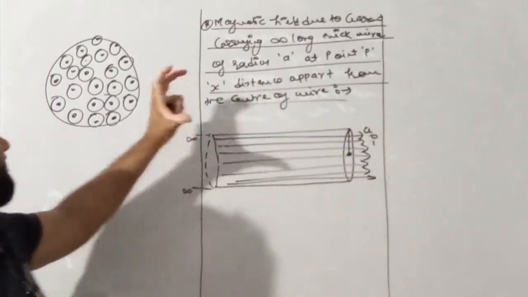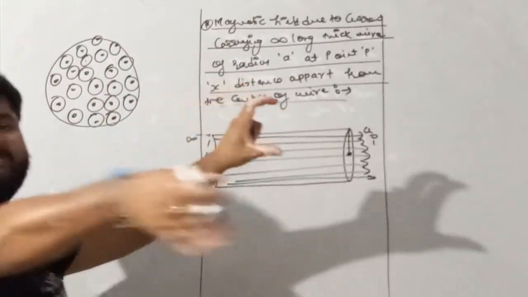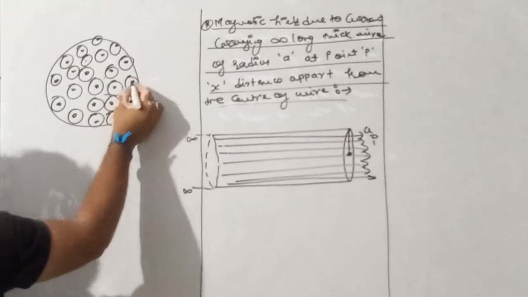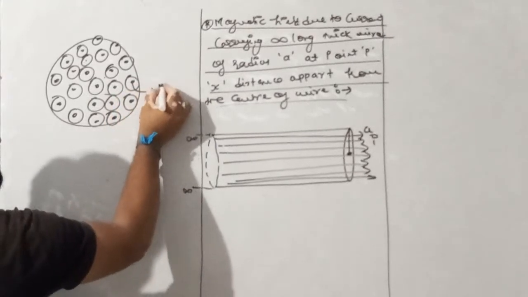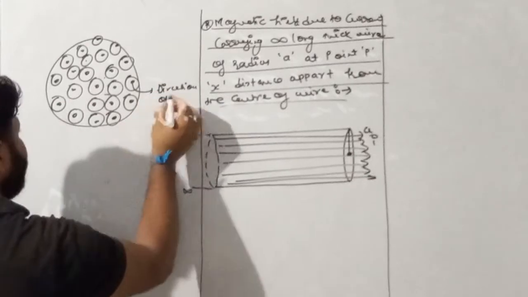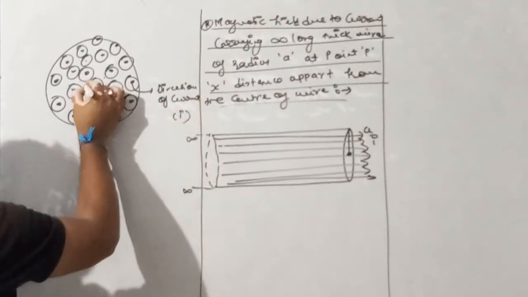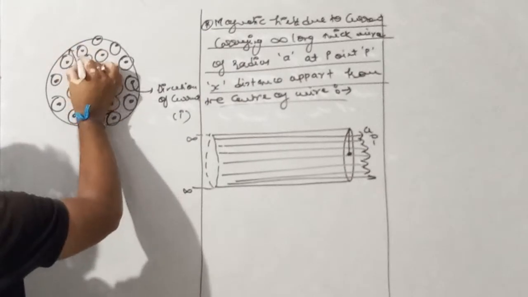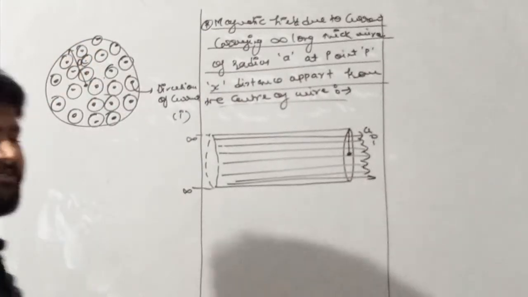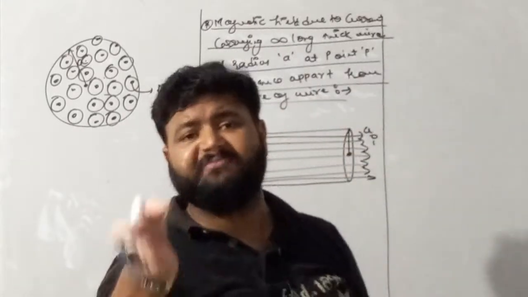The current is coming towards the outside, so this dot is nothing but the direction of current. So, my dear student, let's suppose current I is flowing through this wire and the radius of this wire is A. We want to find the magnetic field at point P, which is x distance apart from the wire.